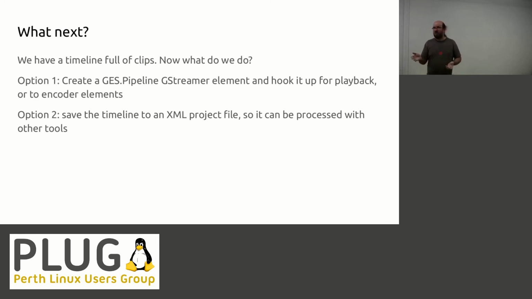And you could potentially hook this up to an encoder element to render out the video, or you could just hook it up to display on the screen. But the thing I found more useful was that you could just tell it to save the project, which meant that you would end up with an XML file which represented all of those edits which we'd written up in the program.